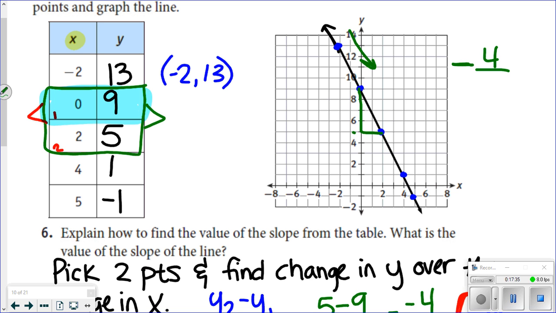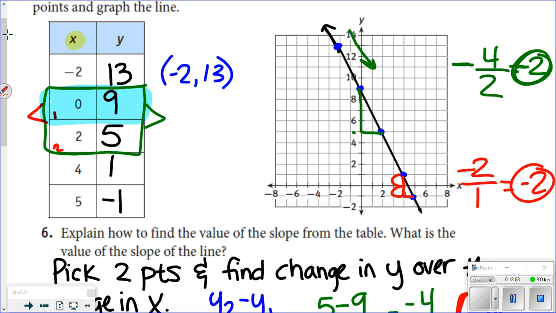So that's my rise. And I'm running 1, 2 boxes, but these are both even numbers. They're both divisible by 2. Negative 4 divided by 2, that reduces to negative 2. Now, if you chose to use these 2 points right here, you're going to get the same answer. I went down 2 boxes over 1. That reduces to negative 2.